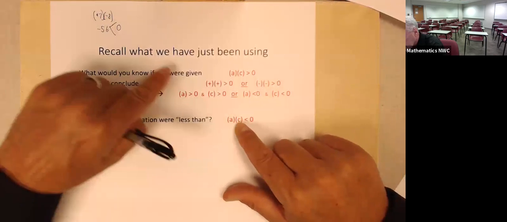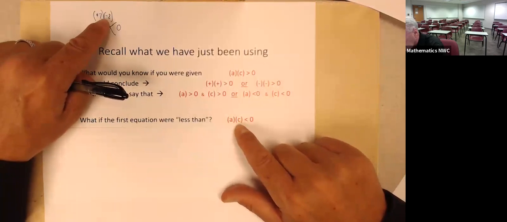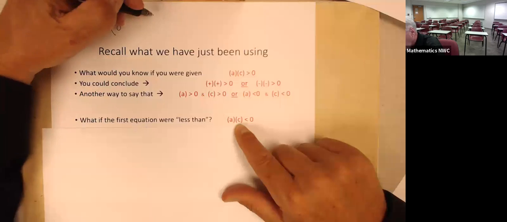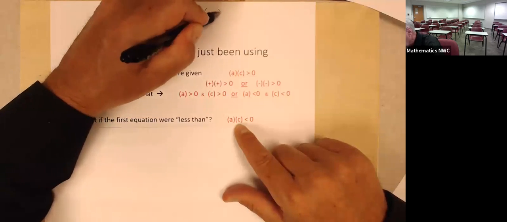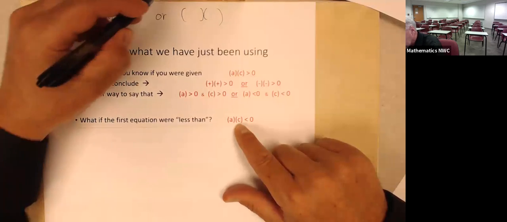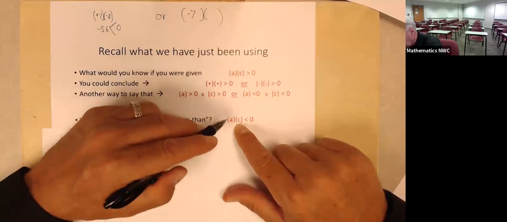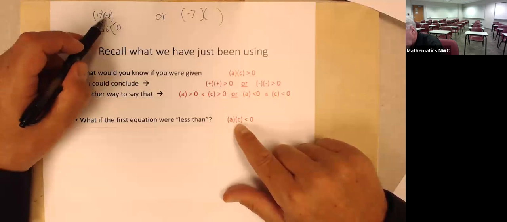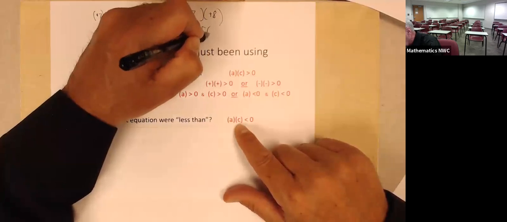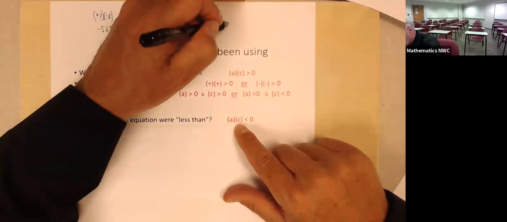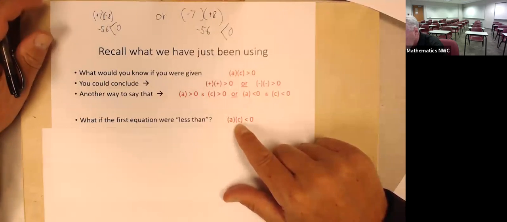So one way is to make the first one positive and the second one negative. Or I could also do it the other way. Rather than a positive 7, make the first one negative. And rather than a negative 8, make the second one positive. Because that also would give me a negative 56, which would be less than 0.